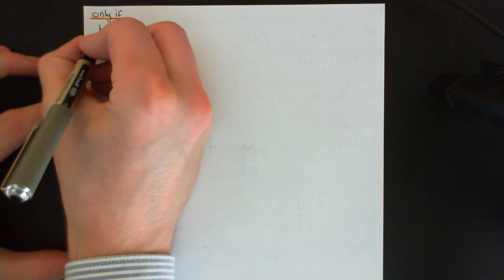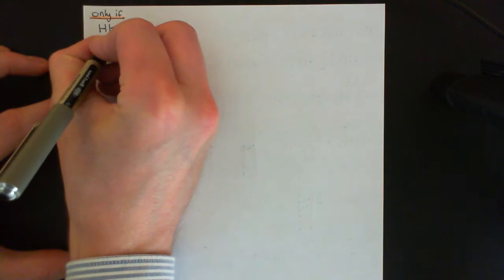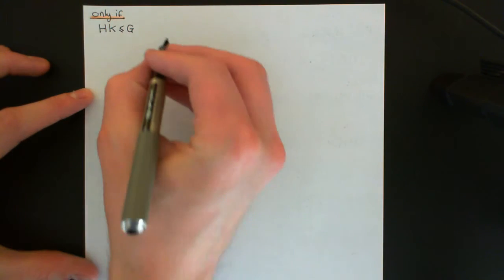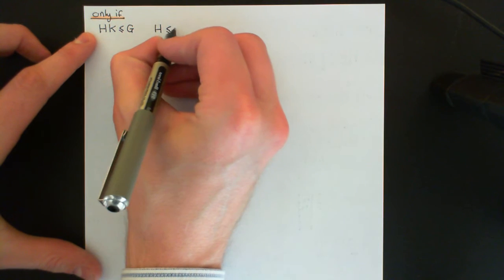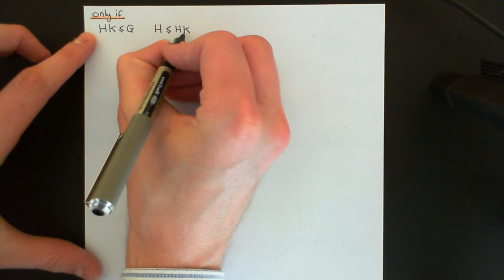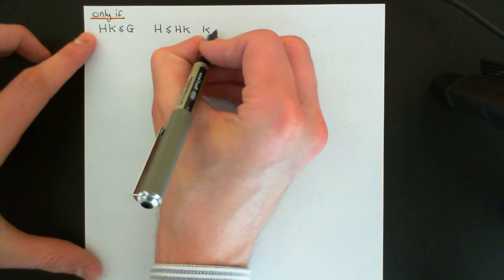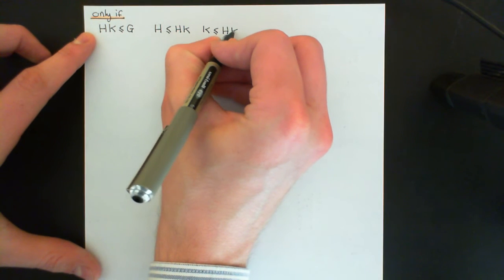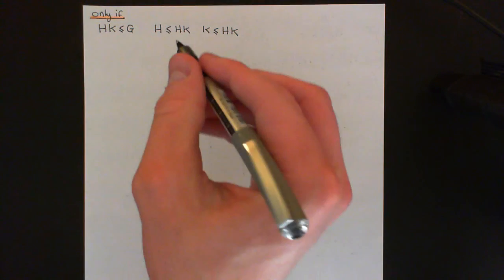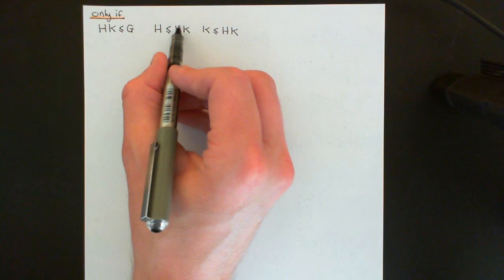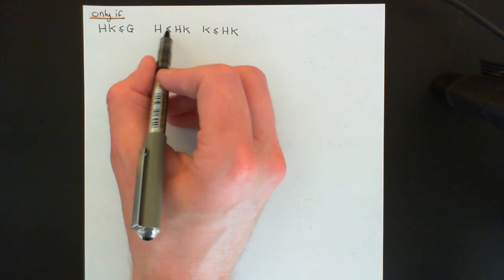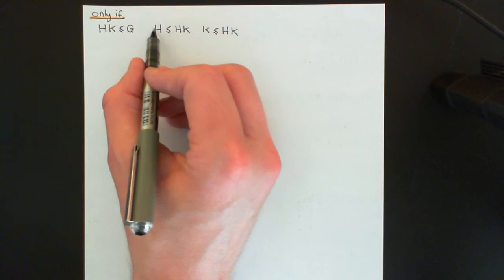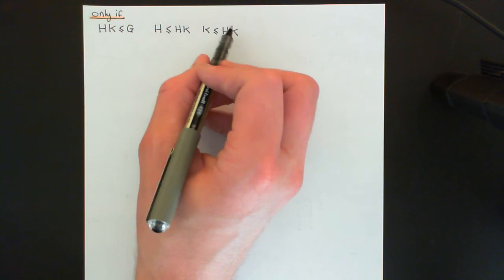So we are starting with the information that the product of H with K is a subgroup of the group capital G. Now, we know that this product will contain the subgroup capital H, so capital H will be a subgroup of the product of H with K, and it will also contain capital K. So K will be a subgroup of the product of capital H with capital K. The reason being that when you're constructing this, you could let little k equal the identity element and then run through all the elements of H, and you'd get all of the elements of H. So all of the elements of H would end up in there, and the same trick applied in the opposite way proves that all the elements of K are in there.